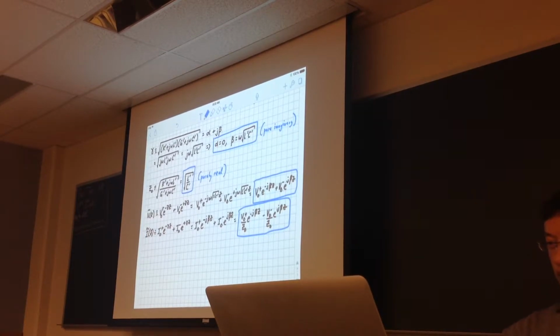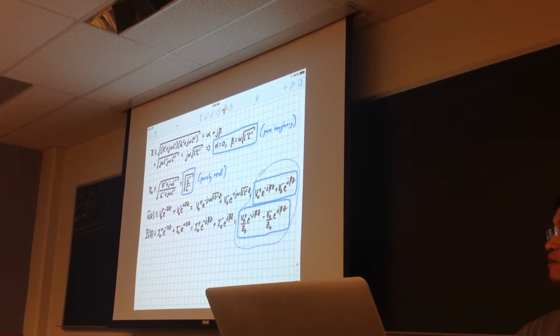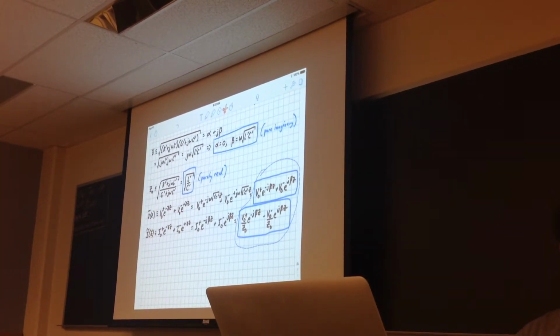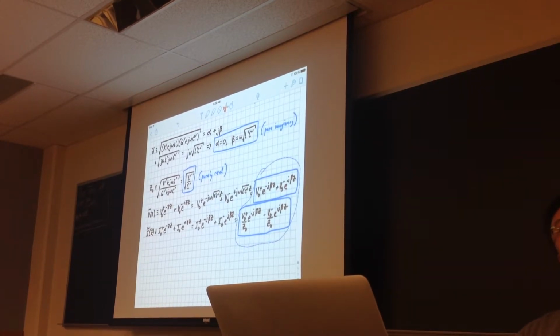So we're down to two unknowns: V0 plus and V0 minus. If we can determine these, then we have the problem completely solved. To get these last two parameters, we need the boundary conditions.